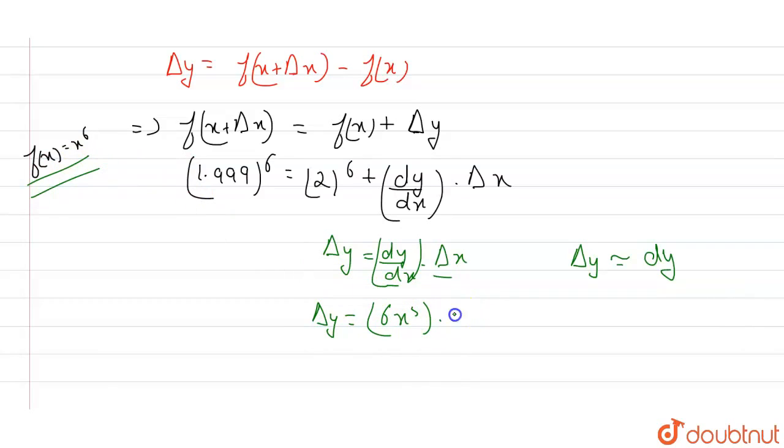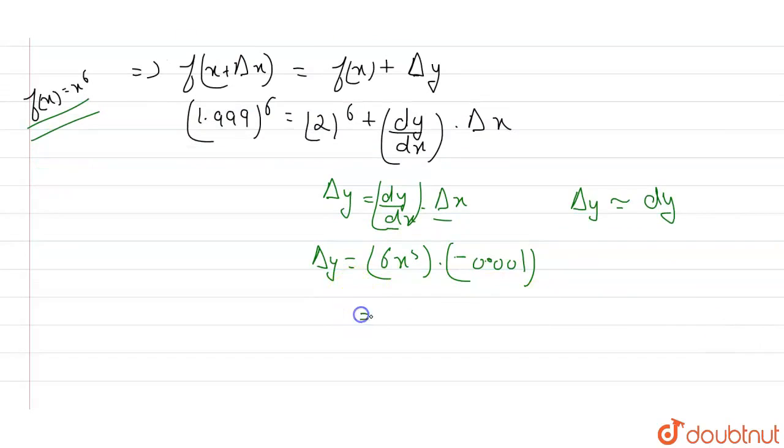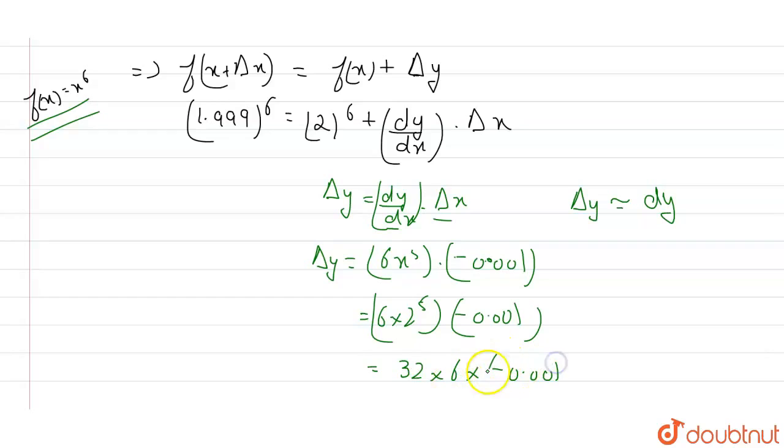And delta x is minus 0.001, so if we put the value of x as 2, we will get 6 into 2 to the power 5 with the product of minus 0.001. 2 to the power 5 is 32, so 32 into 6 into minus 0.001. For now, let's keep delta y in this form.